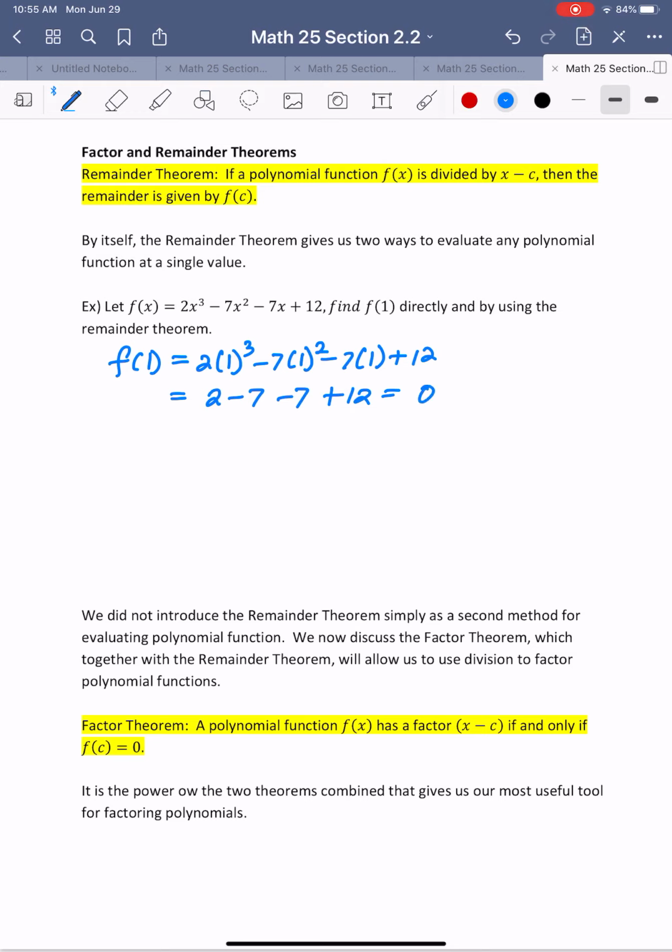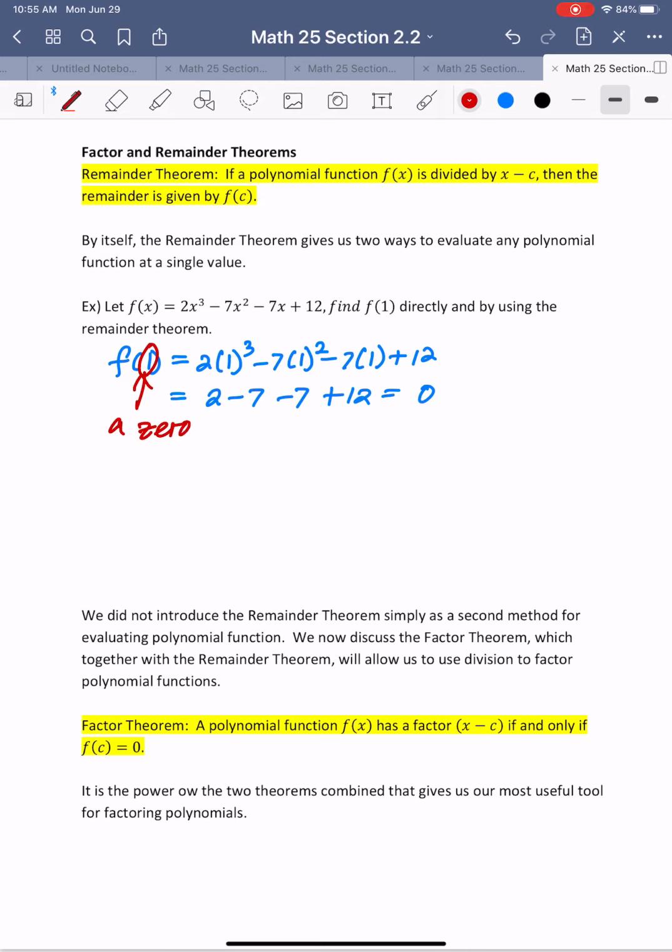It's 0, right? That means we can call 1 a zero. Yeah, so that's what we call a zero here.